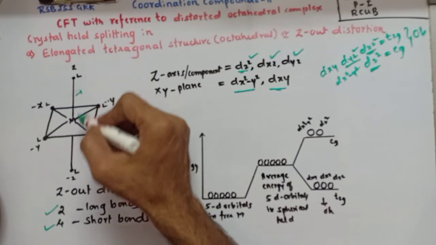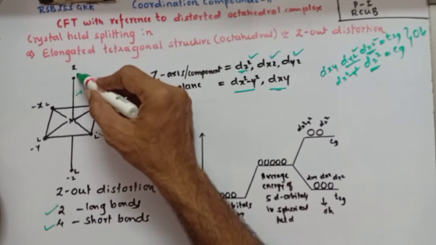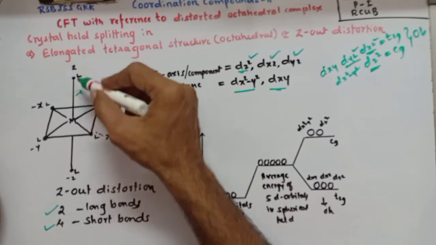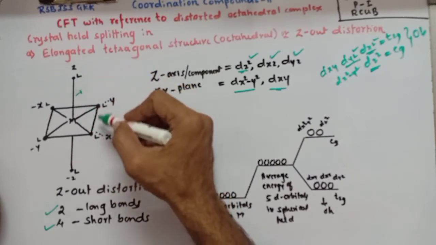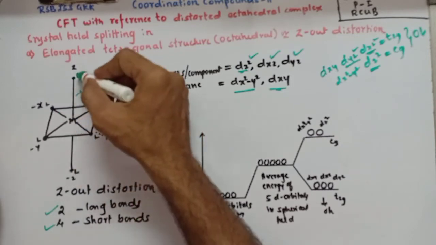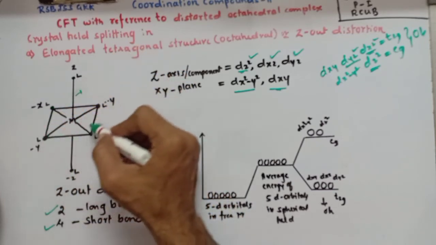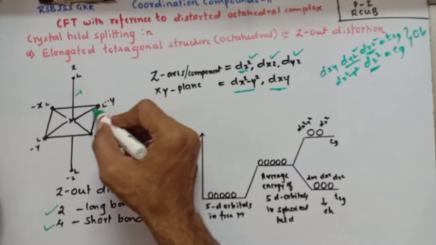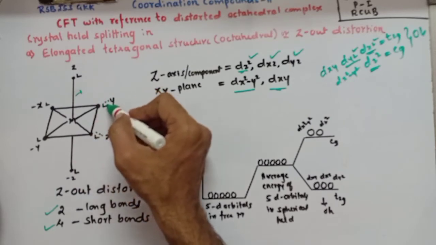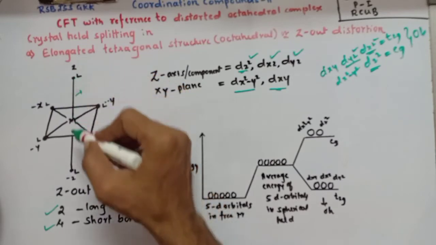Now since in the elongated tetragonal structure the z axis ligands are a little bit away from the central metal ion, they will experience less repulsion. Therefore, their energy decreases when compared to the other 4 ligands. The orbitals present in the xy plane will experience more repulsion when compared to the orbital lobes with a z component.